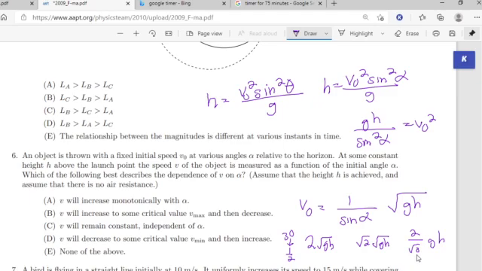And then if we make this 90 degrees, it'll just be root gh. So it's definitely decreasing. Hmm.